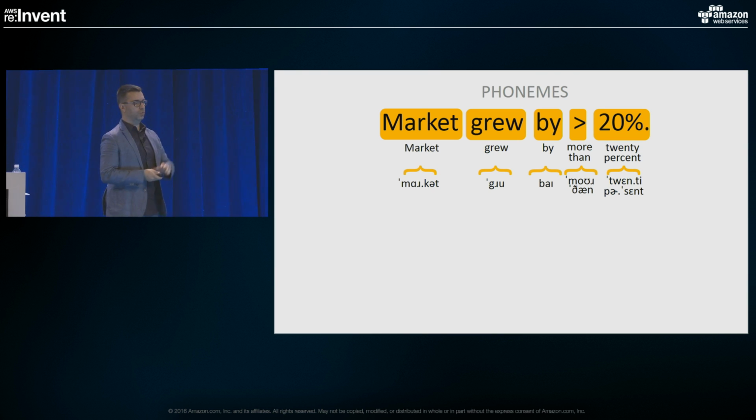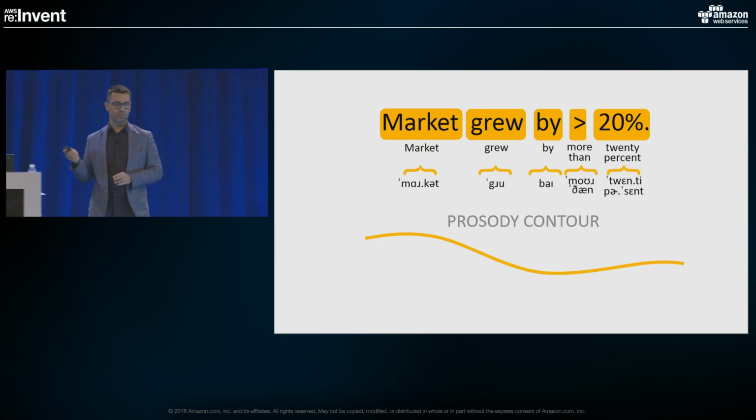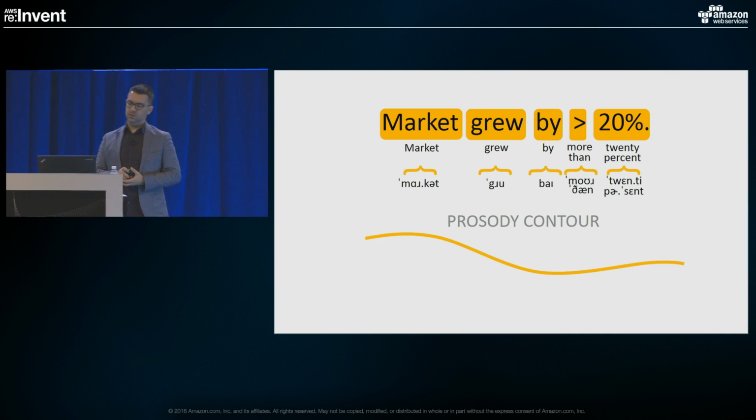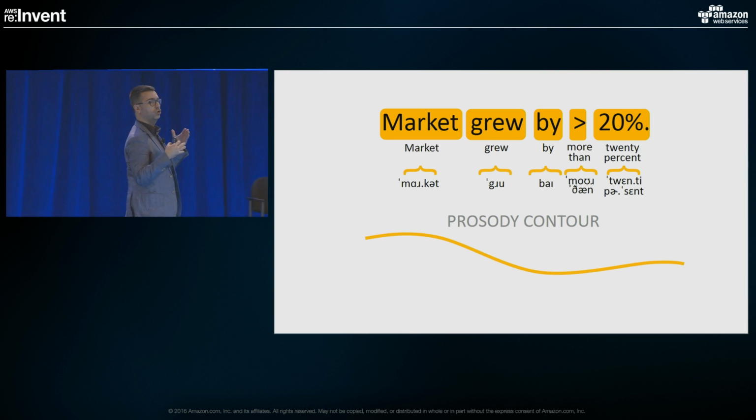And we get phonetic transcriptions, which are sounds that we expect to pronounce. Once we do this, we need to apply machine learning again, because now we need to figure out the intonation of the sentence. So what's the desired prosody contour that would be expected from a real human being?